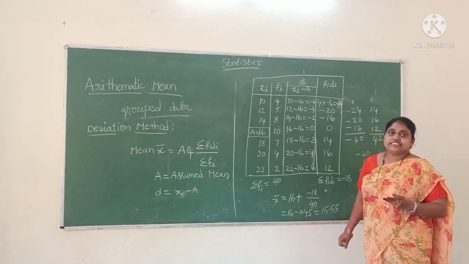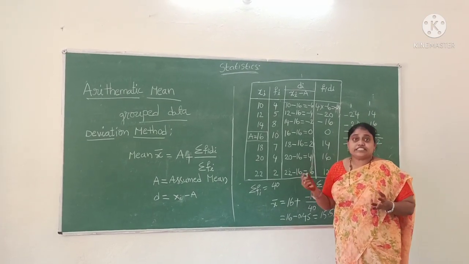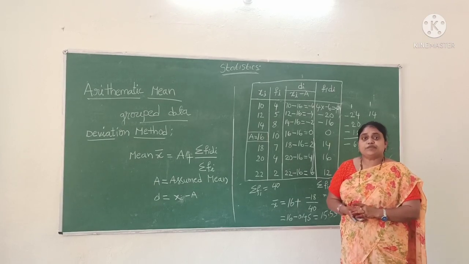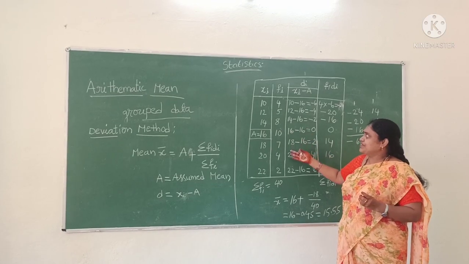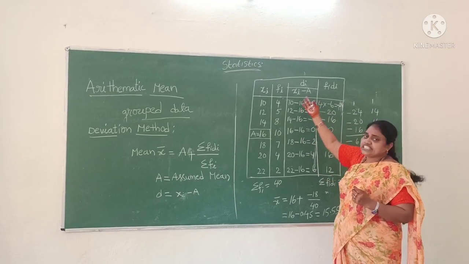Understand children? This is the very important method to calculate arithmetic mean, the deviation method. This is very simple, students. We calculate only Di.